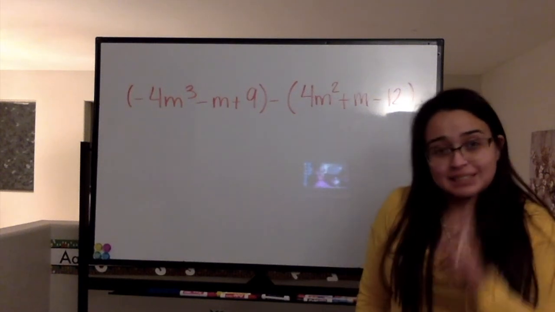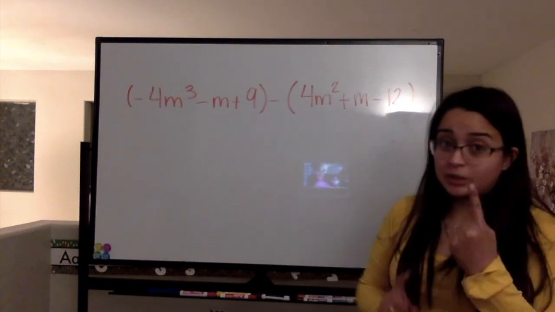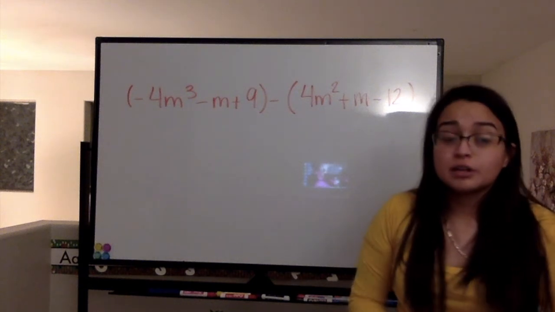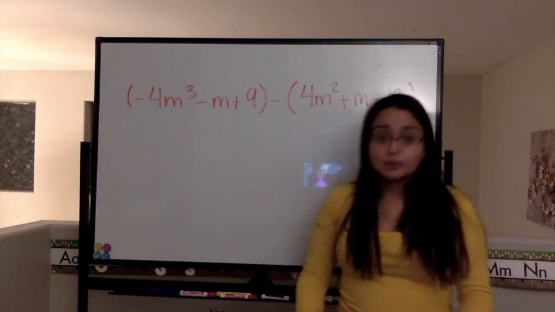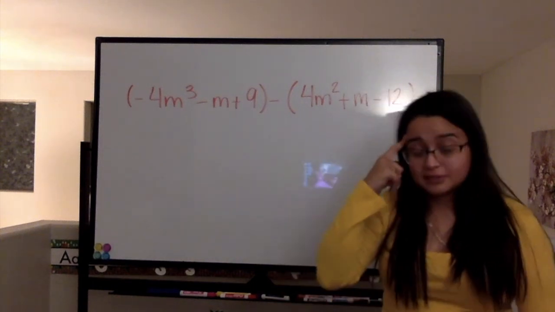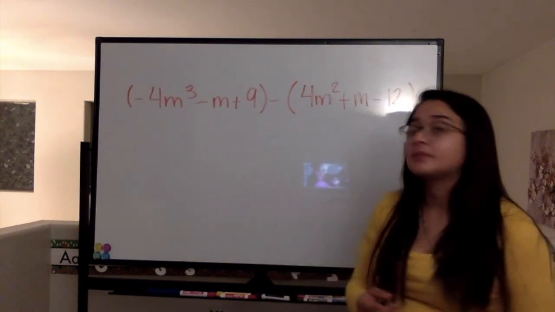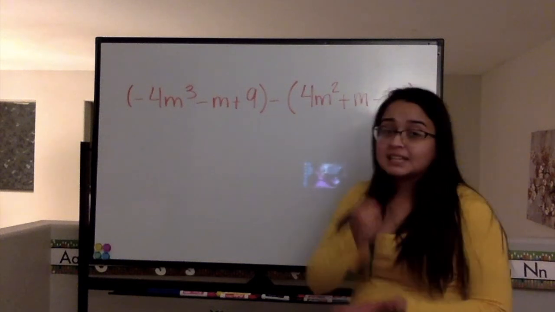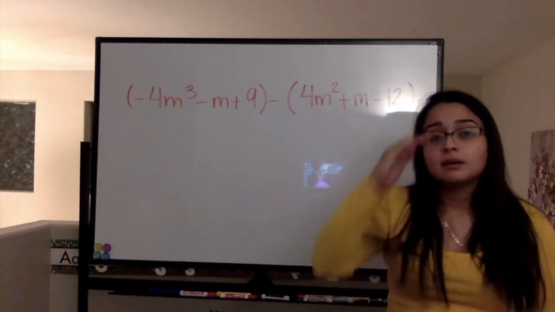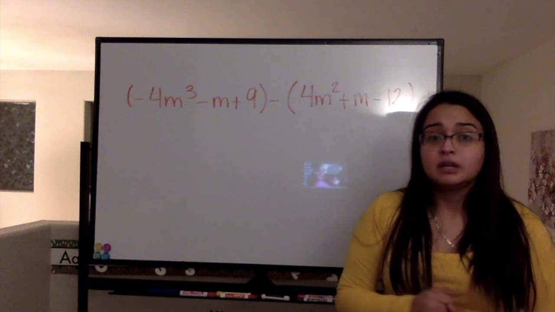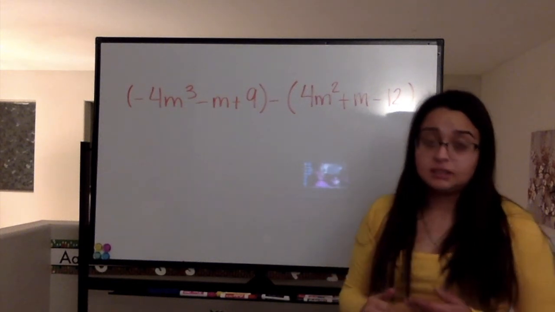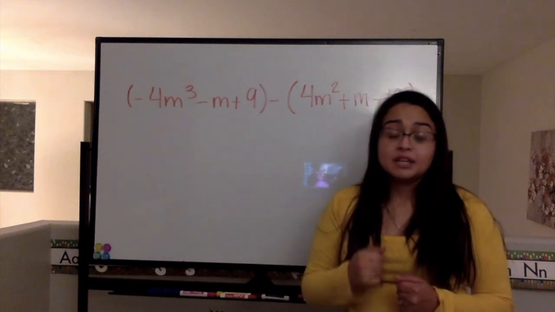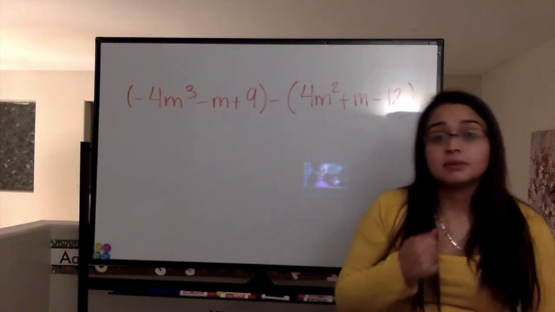My biggest tip, number 1, be mindful of your signs, positive and negative signs. Okay, be very mindful of that. It can get tricky. Now, second thing, when placing your polynomials vertically, please make sure that you align them correctly.